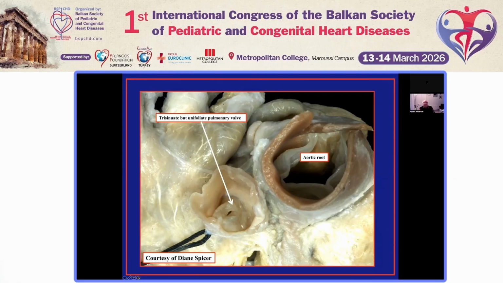Because here we have a trisinuated root, but a unifoliate pulmonary valve, replicating the situation I showed you in the so-called unicommissural and unicuspid aortic valve with concordant ventricular arterial connections. And as in that setting, the solitary zone of apposition that reaches the sinutubular junction is pointing towards the mitral valve.